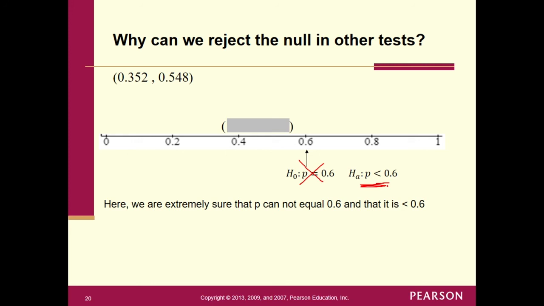And why we can reject it in other tests. So notice my subject here. Why can we reject the null in other tests? Okay, well, because we eliminated it as a possibility. All right, and so we get to reject it, and then we say, oh, okay, that means the alternative is correct.